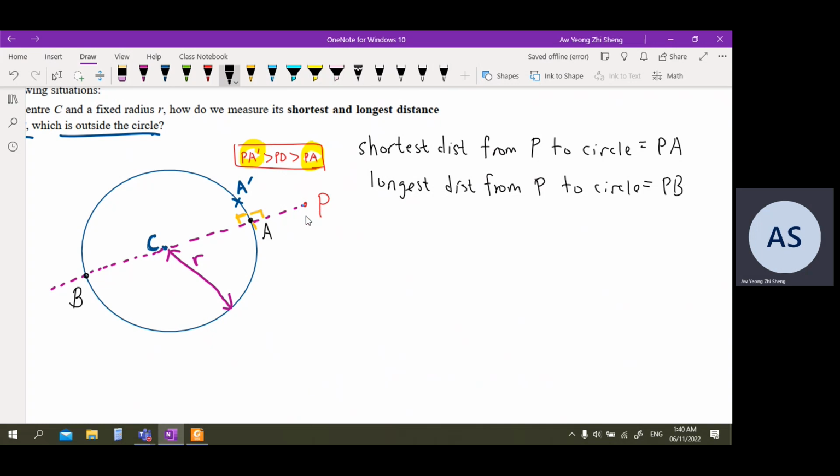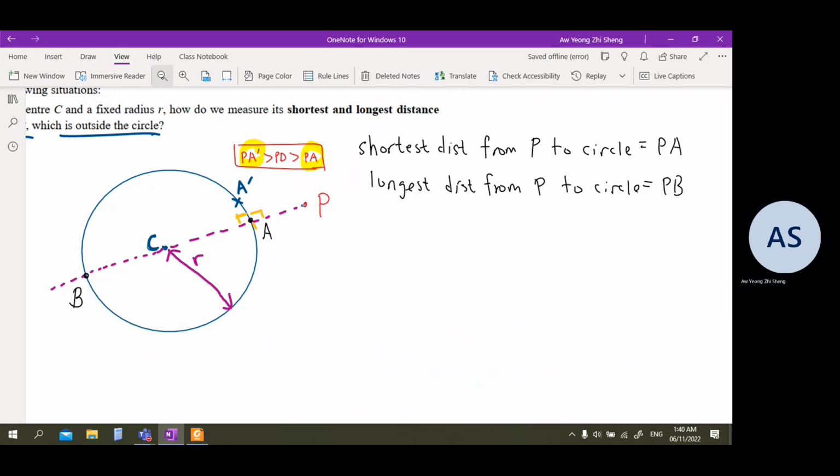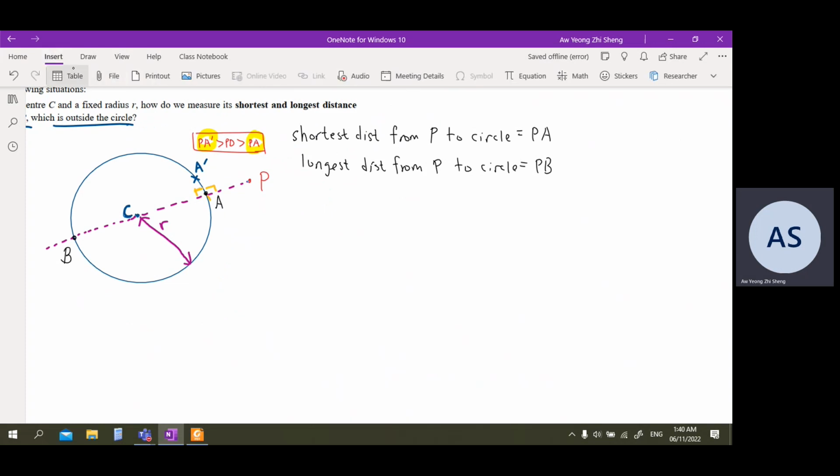So AP is the shortest possible distance from P to a point on the circumference of the circle. Then the furthest point from P to the circle will be on the opposite side of the circle, which means AB forms a diameter. And so PB gives you the longest distance.